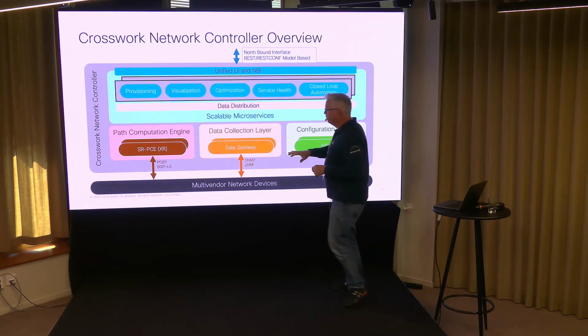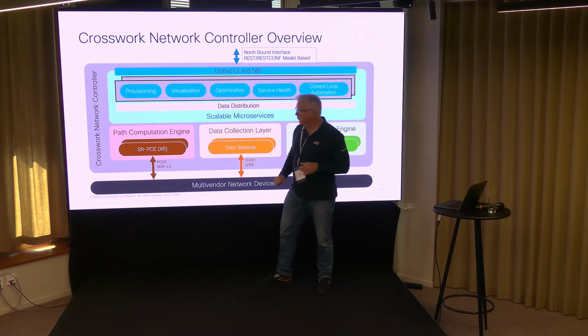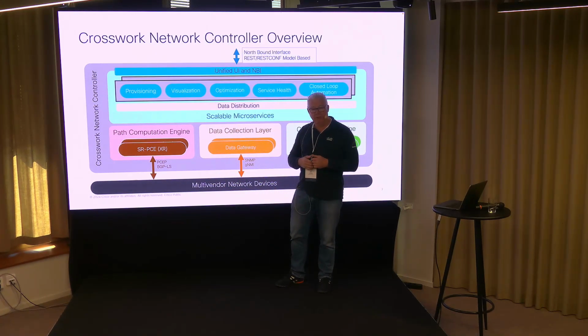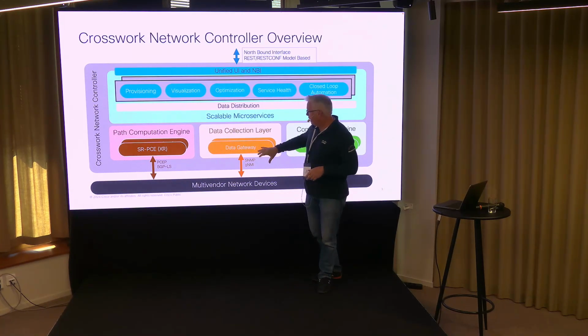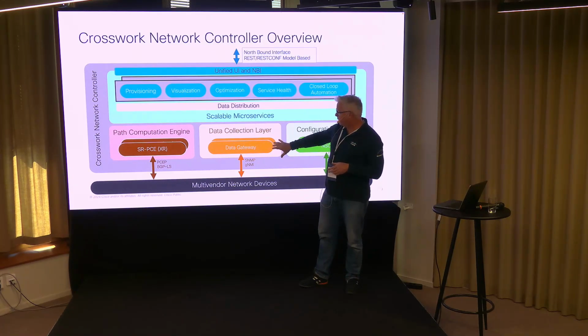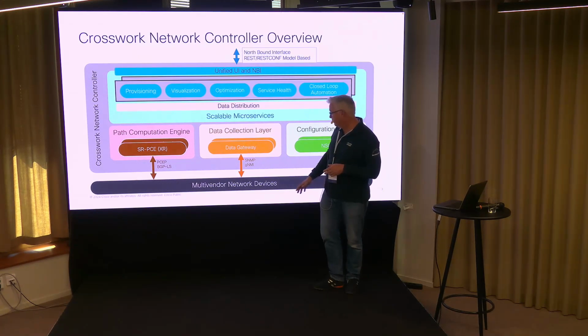We have this path compute engine, which is an XR component, and which receives all the BGP-LS information to optimize the traffic and reroute the traffic when needed. CNC can collect KPIs and traps. We support SNMP, gNMI, and other protocols.